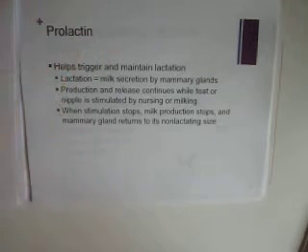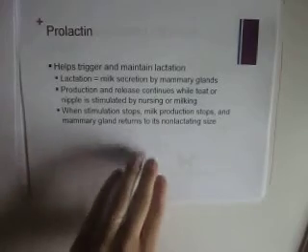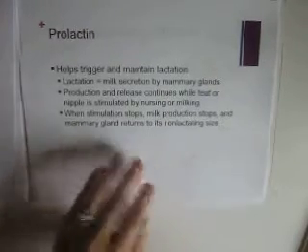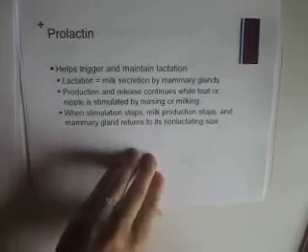They clean it up, get it stimulated, and that releases prolactin, which will cause lactation to continue. When stimulation stops, the milk production stops, and the mammary gland returns to its non-lactating size. So should you stop milking a cow, if you don't milk them, then they will dry up, as we call it.